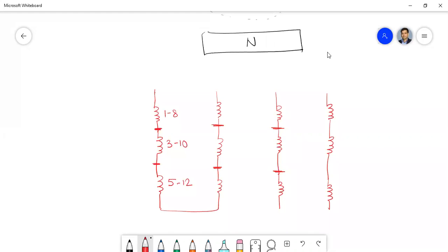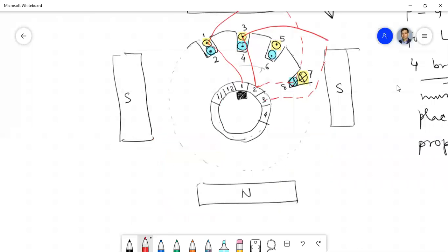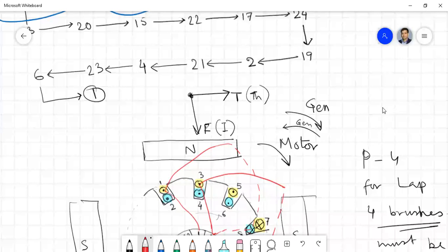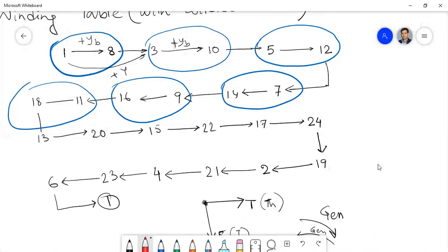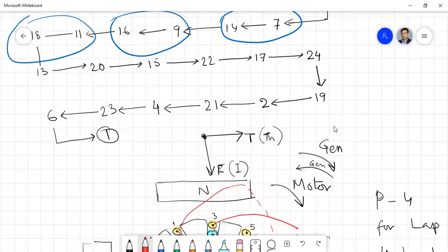What is the next coil to this 5/12 coil? Anybody? Let me check here. So this 5/12 coil is connected with the 7/14 coil, isn't it?